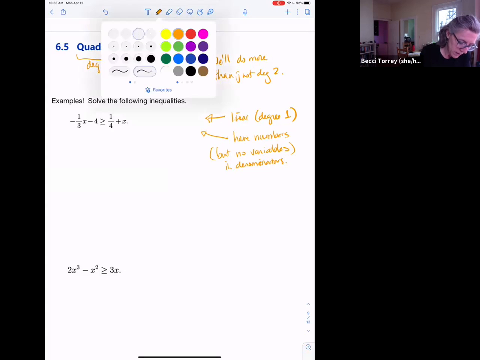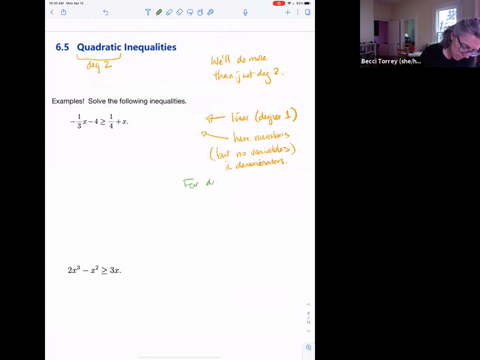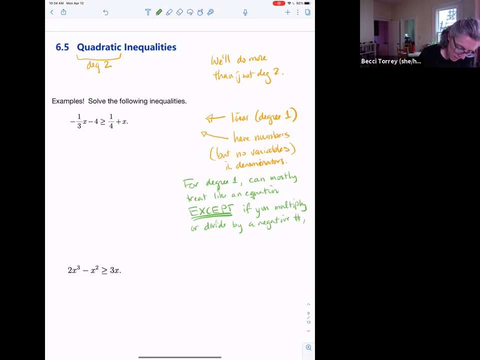So for degree 1, we can mostly treat it like an equation, except the big exception: if you multiply or divide by a negative number, you have to flip the inequality.